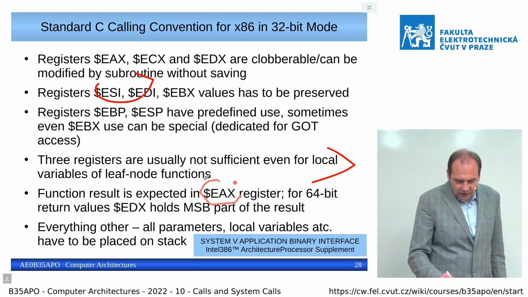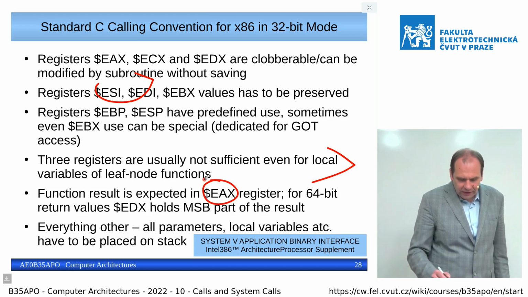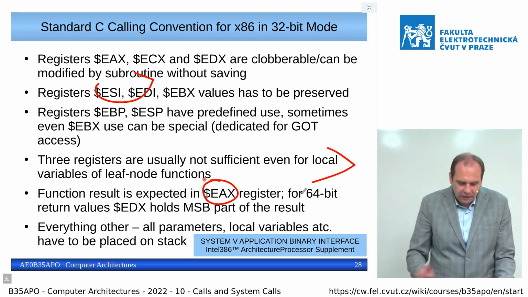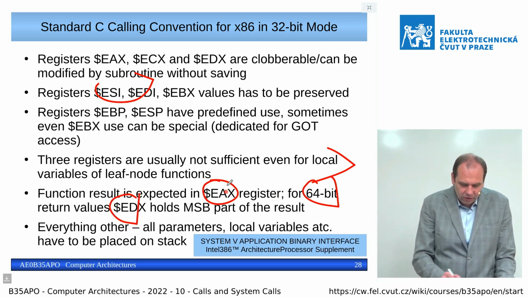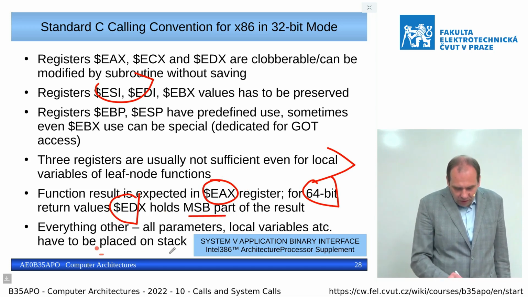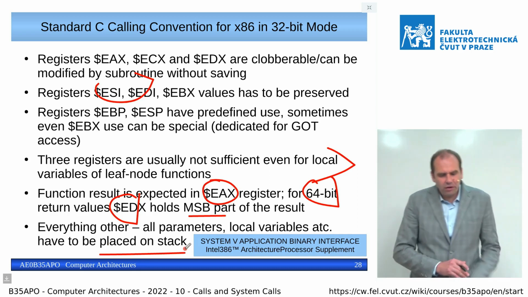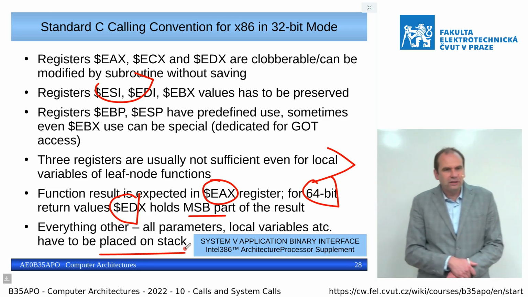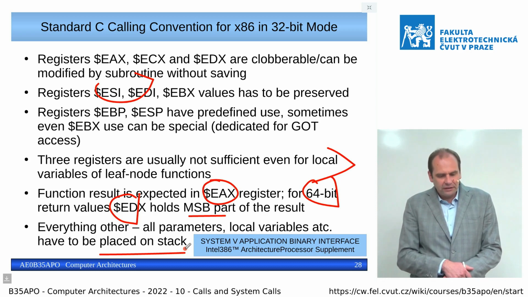Result is returned in the EAX if it is only 32-bit. If you need up to a 64-bit result, it is stored in the pair EAX, EDX. EDX holds the most significant part. All the calling parameters and so on are stored on the stack. So there is a difference.